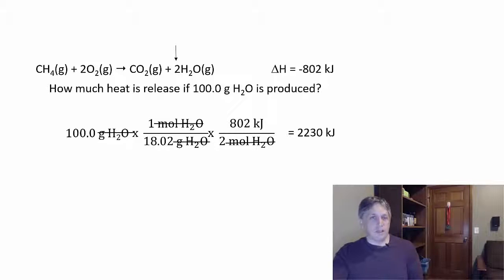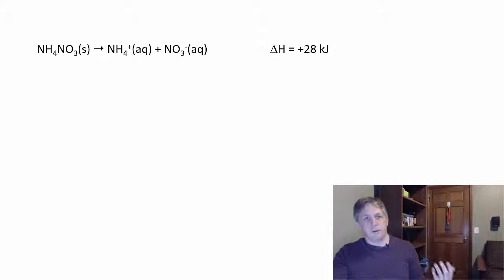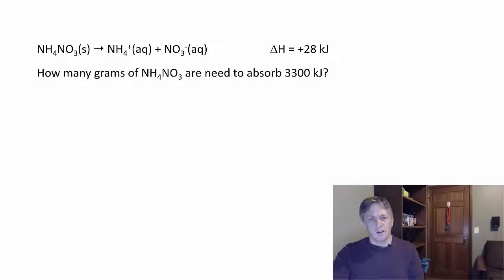So for another example, let's go back and look at our ammonium nitrate reaction, or equation. It's not really a reaction, it's just dissolving. Although I guess some people would call it a decomposition reaction, maybe. I don't know. Either way, this is the thing that I showed you a few slides ago. All right.